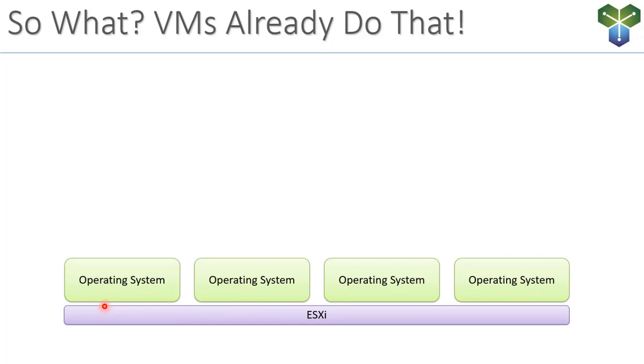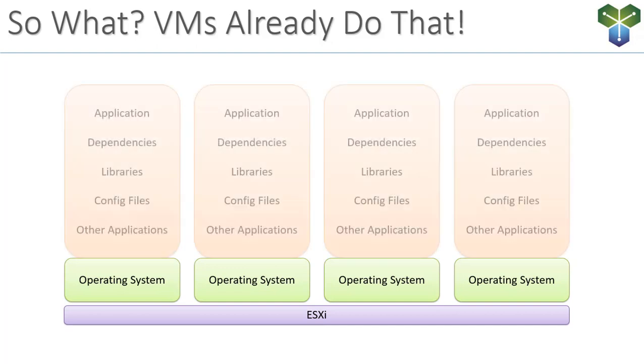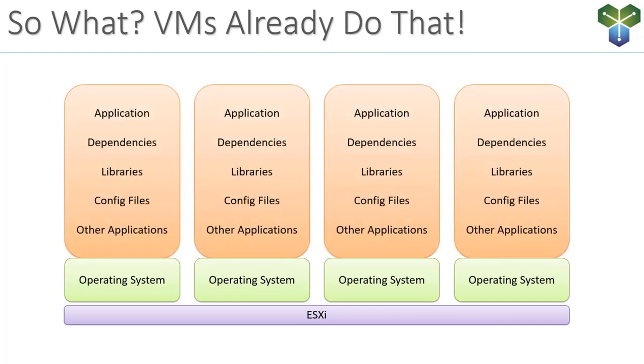And so number one, I'm consuming the overhead, the memory requirements and CPU requirements of running 4 individual operating systems. They might all be the same operating system, but I'm still running 4 instances of that operating system. And so now I've got all of these applications running on top of those operating systems.